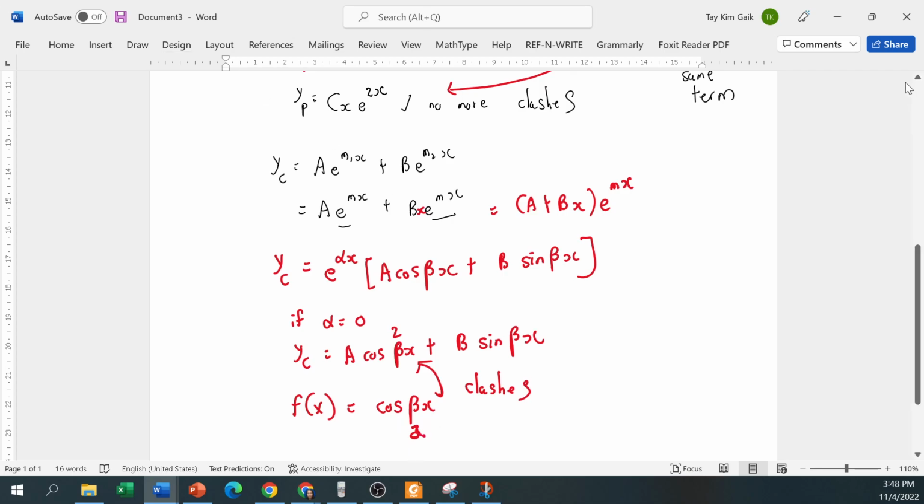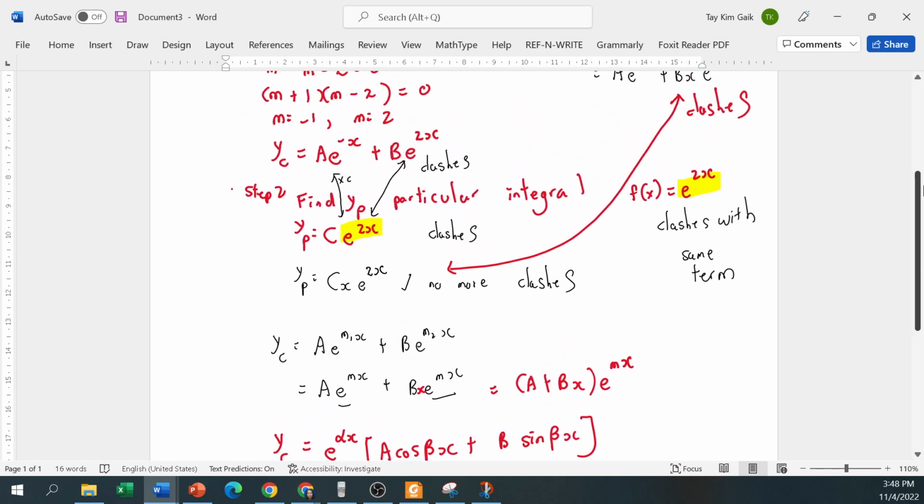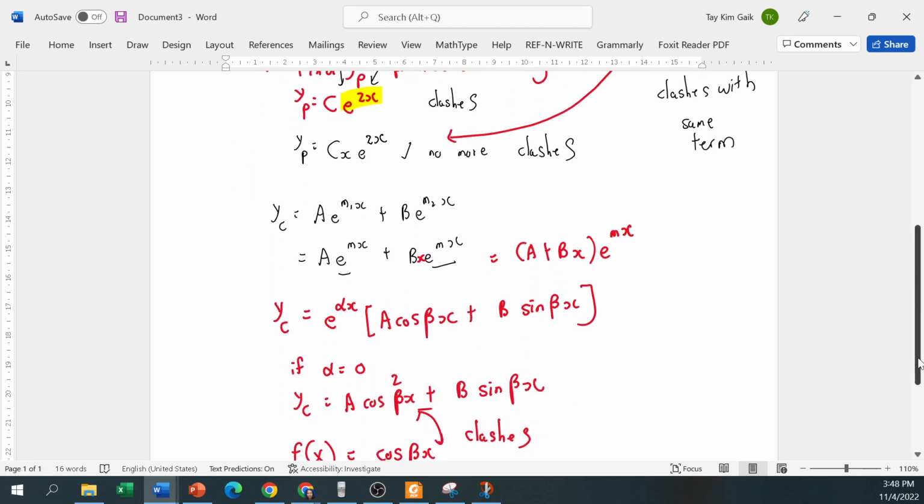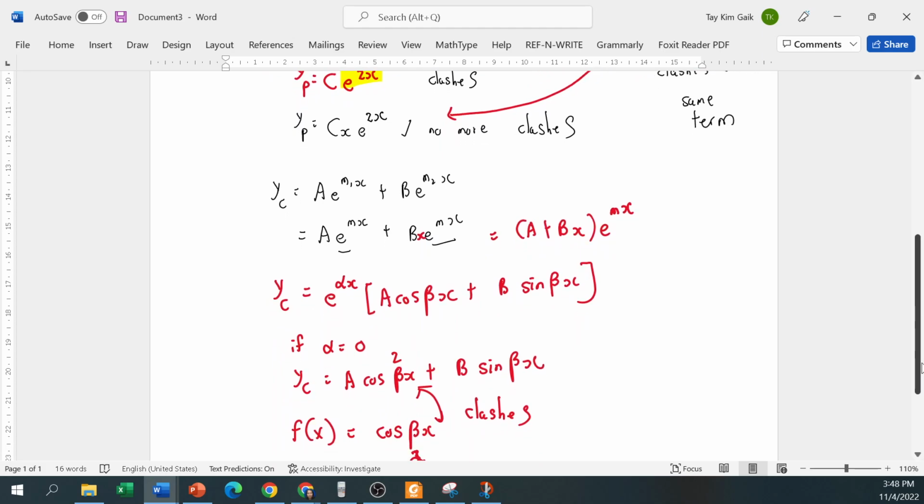Same case for the exponential term. This one is e^2x and this one is e^(-x), so no clash. But e^2x and e^2x is a clash. Later we can show you more examples of clash.